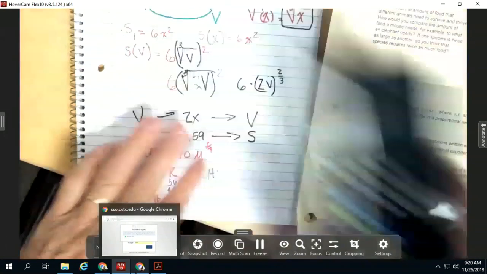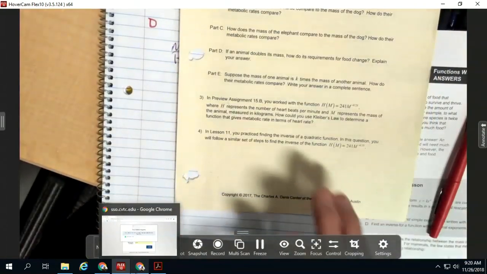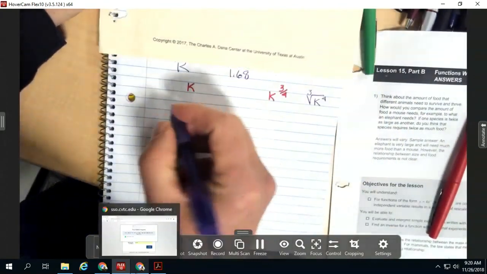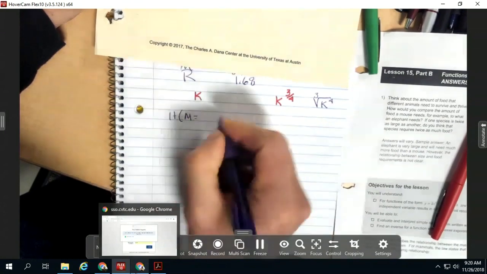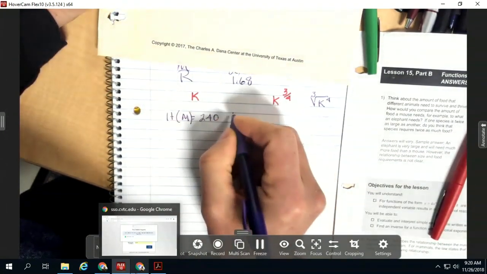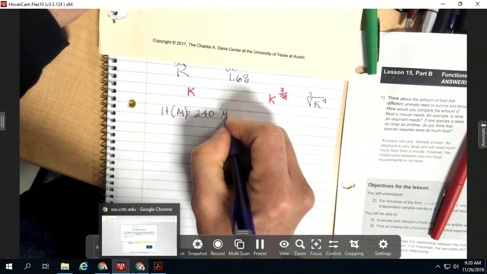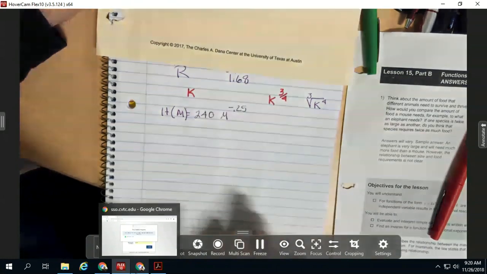Next one. So now we've taken care of mass. Let's look at the next one. Heart rate as a function of mass is 241 times mass to the negative 0.25.